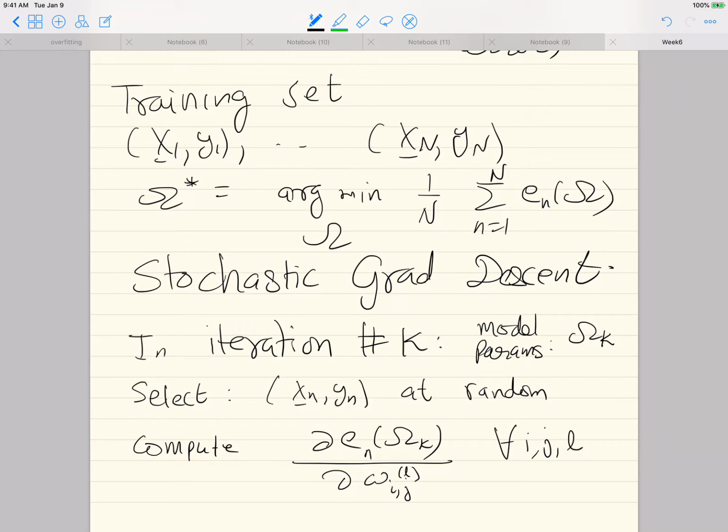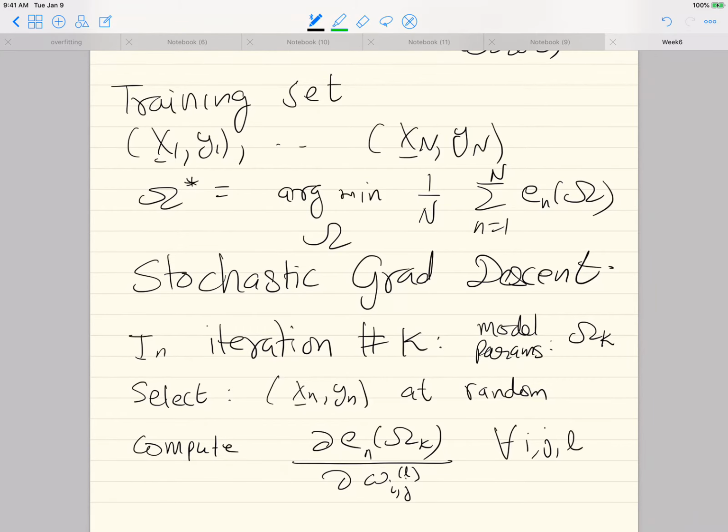I'm at iteration k. ω_k is my current choice of model parameters, right? Now I'm going to pick one example at random, say xn, yn. Then I do a forward pass and compute the loss function for that example. Let's say for now that I can compute these derivatives for each weight.